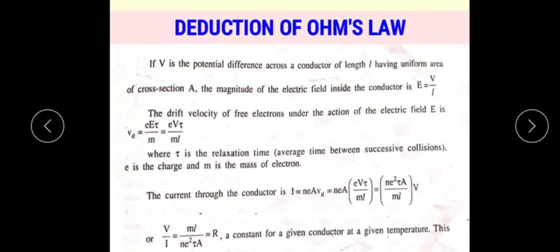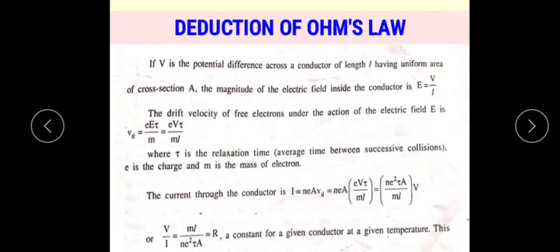Then V by I is equal to mL divided by n e square tau into A, and this is considered as R, a constant for a given conductor at a given temperature.